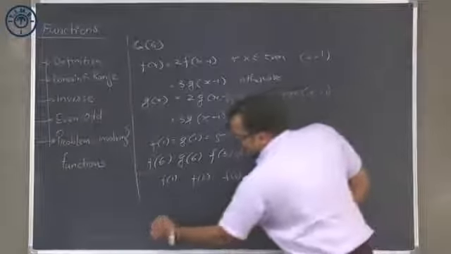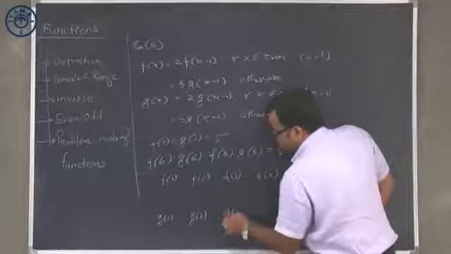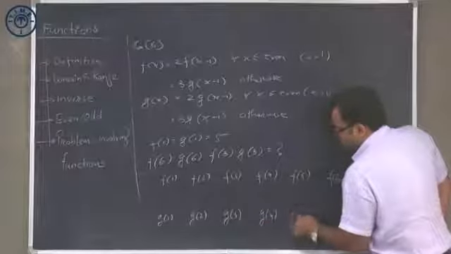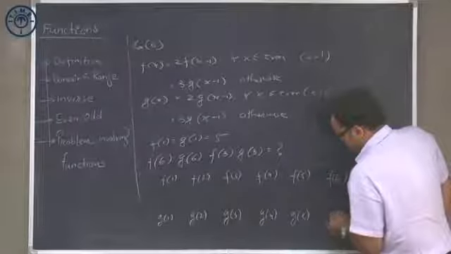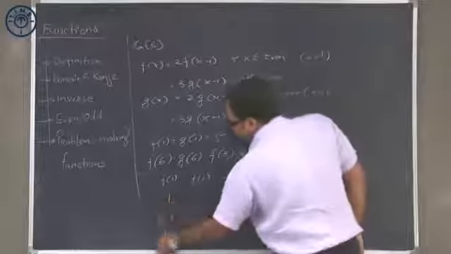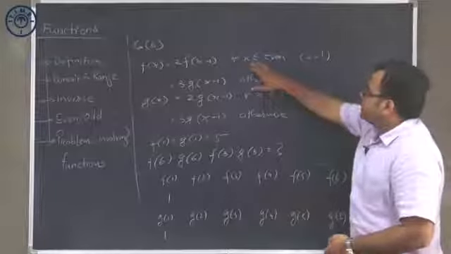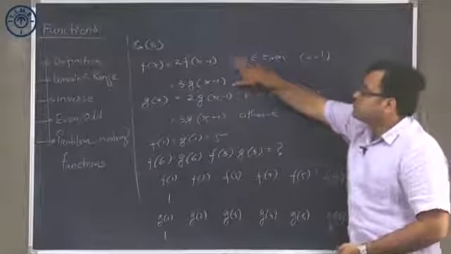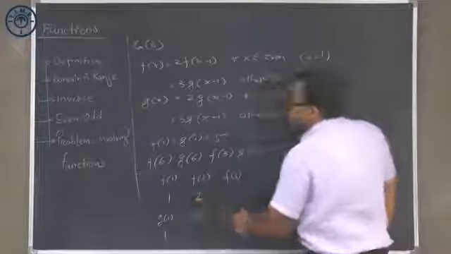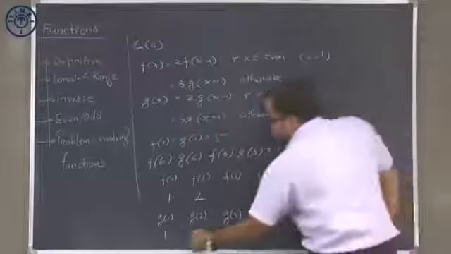Similarly, g of 1, g of 2, g of 3, g of 4, g of 5 and g of 6. f of 1 is given as 1, g of 1 is given as 1. f of 2 will be, because x is even, twice f of 1, so f of 2 is 2. Similarly, g will be twice g of x minus 1, so this will also be equal to 2.